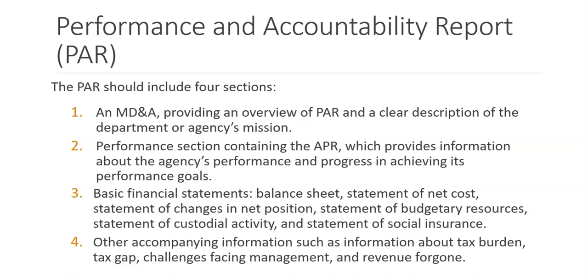So you can see here the different names of financial statements that we're going to be looking at, where we're not going to be looking at an income statement because income is not the purpose of government and nonprofit. Instead, we have statement of changes in net position, statement of resources, statement of net cost. And we're going to look at all of these financial statements starting in chapters 2 and 3.